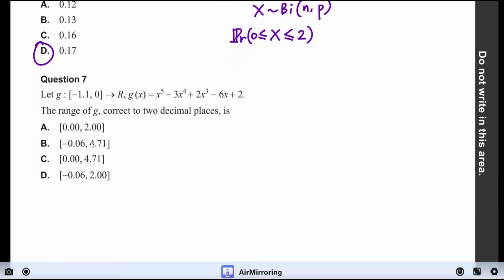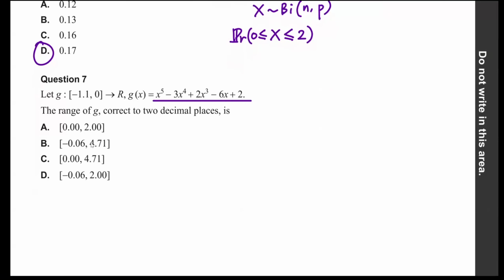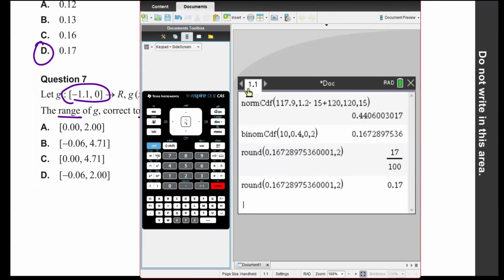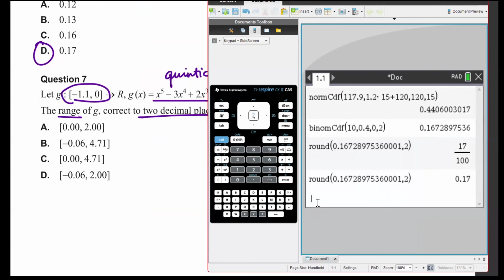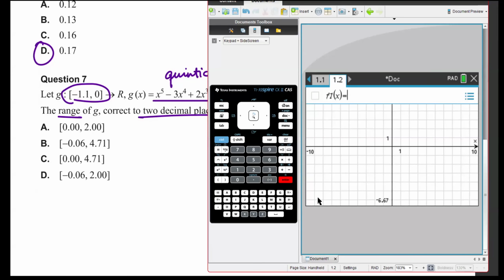Okay. This is a graph g. It's a quintic, power 5, polynomial. This is a domain restriction. We want to find the range correct to 2 decimal places. So what I'm going to do is plot this graph. Let's say Control I, insert the graph, x to the power 5, minus 3x to the power 4, plus 2x to the power 3, minus 6x plus 2.